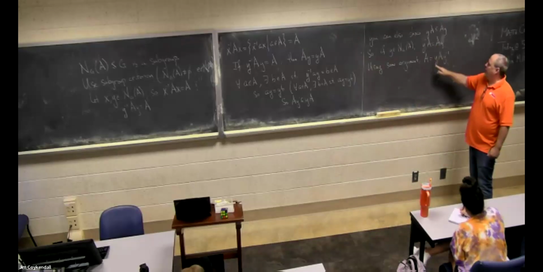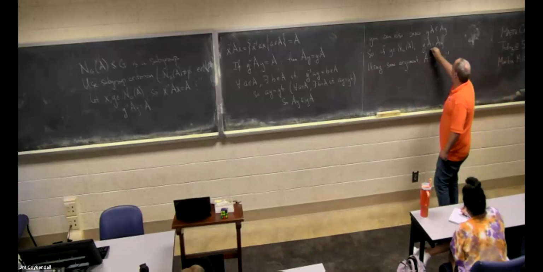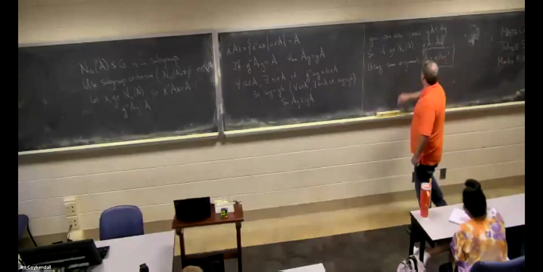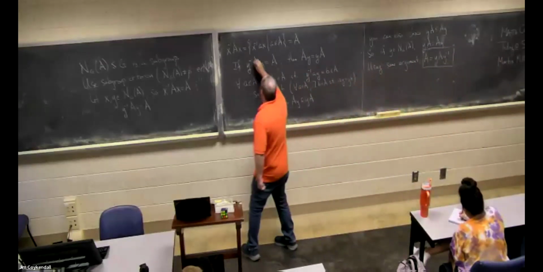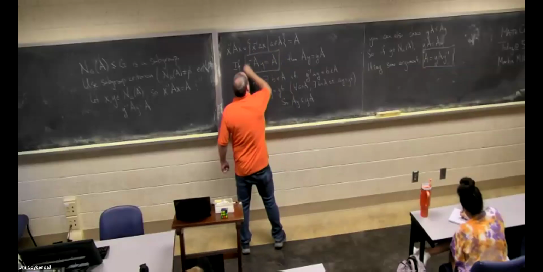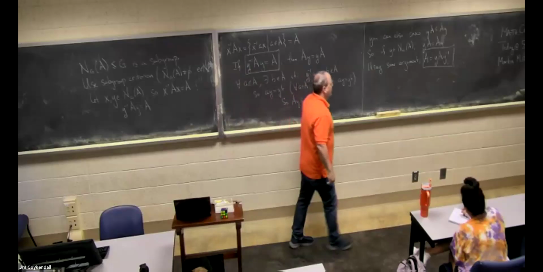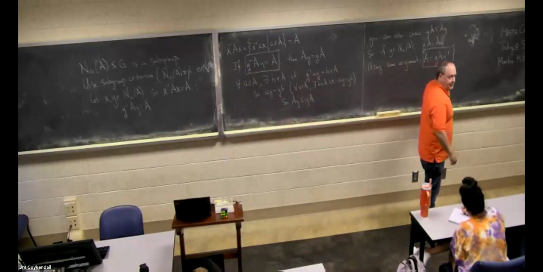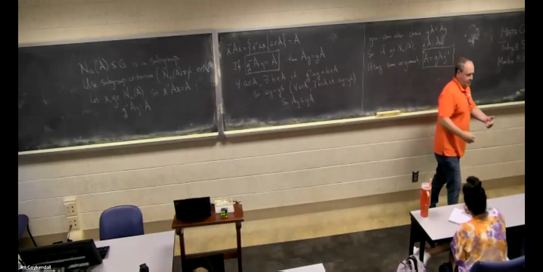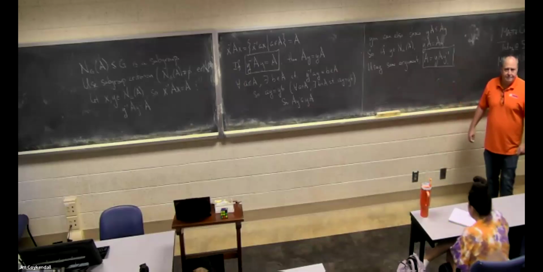Replacing Y with Y inverse, I can use the same argument. So this is kind of an important thing we've got here. If Y inverse AY is equal to A, if Y is in the normalizer, then it works in the other direction. Right, just sets contain each other.